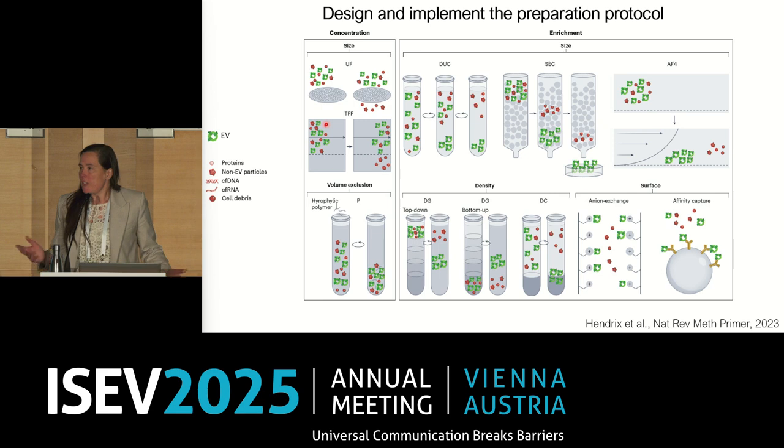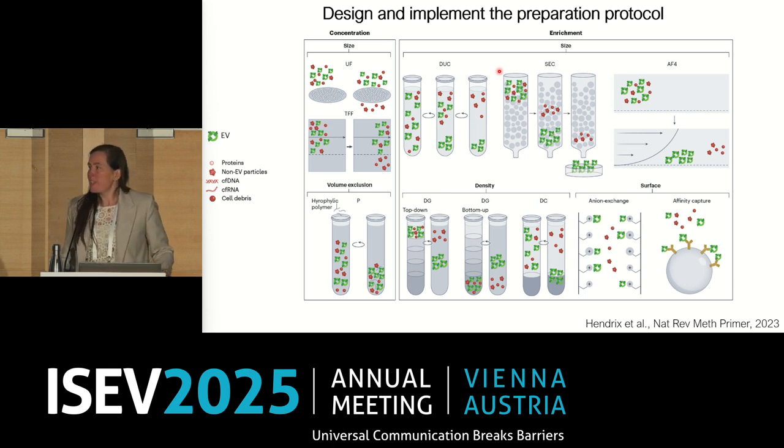These methods are typically based upon size, such as ultrafiltration or tangential flow filtration, which allow us to reduce the volume of the source. This is what we call the concentration step. In the next step, we can aim to enrich extracellular vesicles, meaning that we try to deplete other types of particles from the source, resulting in the enrichment of extracellular vesicles.